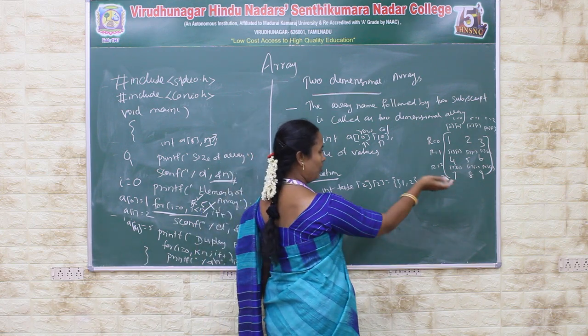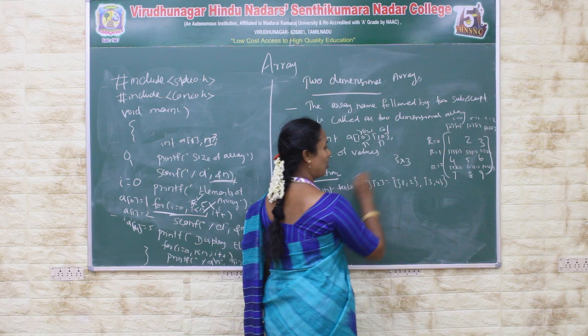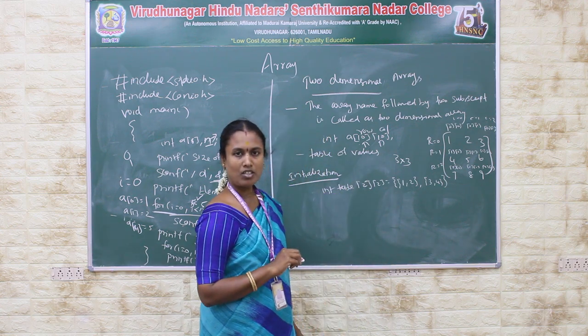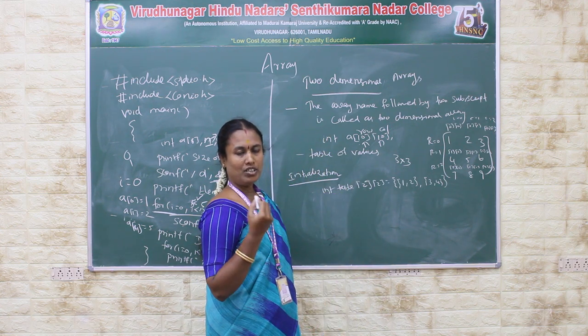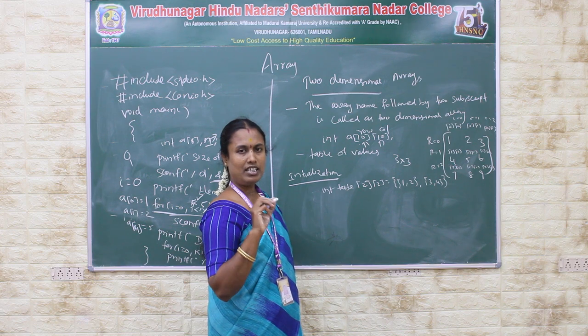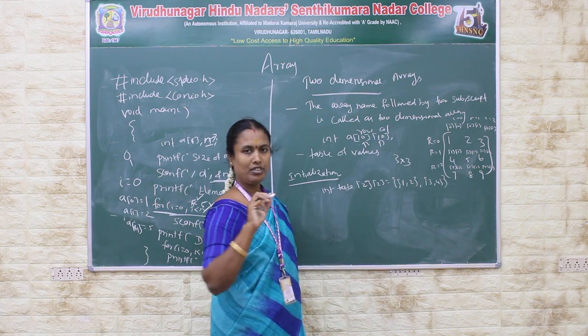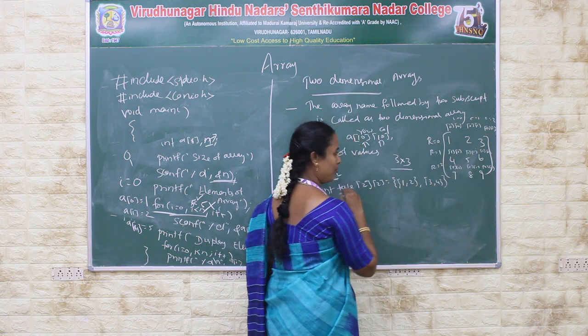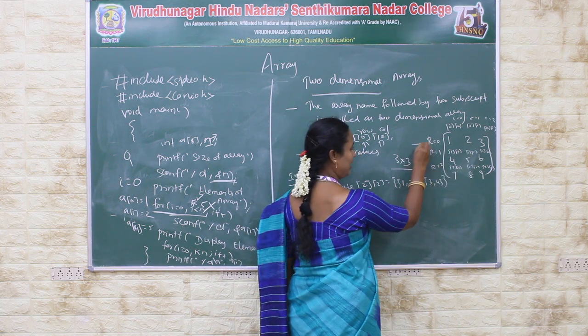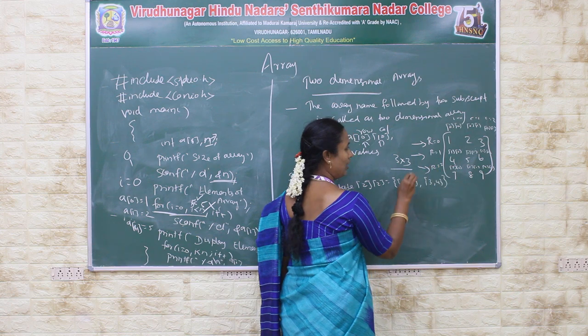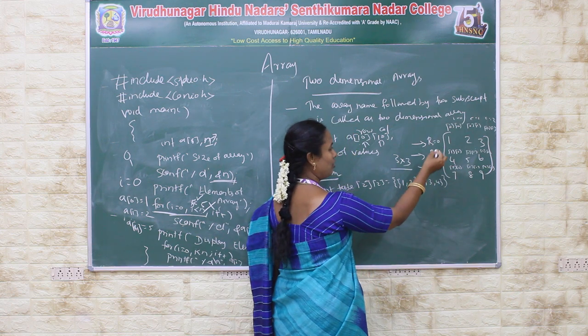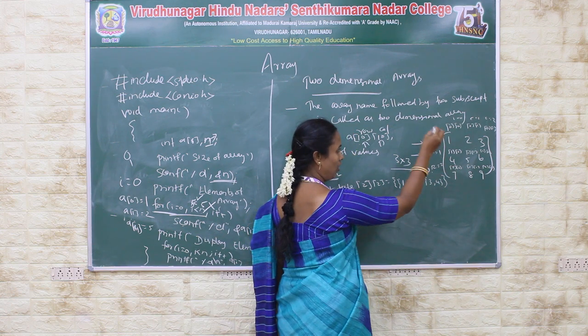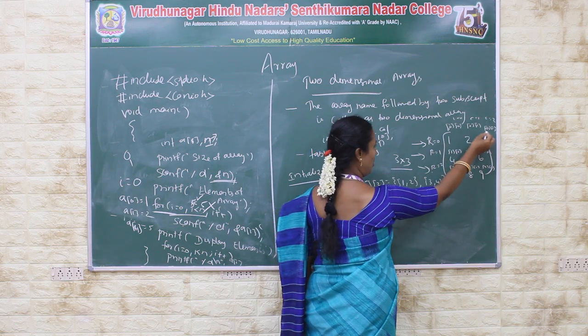Here I can specify a 3 cross 3 matrix. Normally, array indices always start with 0. So 3 cross 3 means we can allocate 9 elements. We can store 9 elements in this 3 cross 3 matrix. In this matrix, there are the 0th row, first row, second row, and the 0th column, first column, second column.